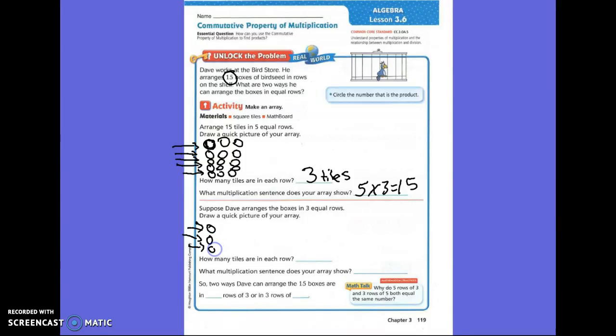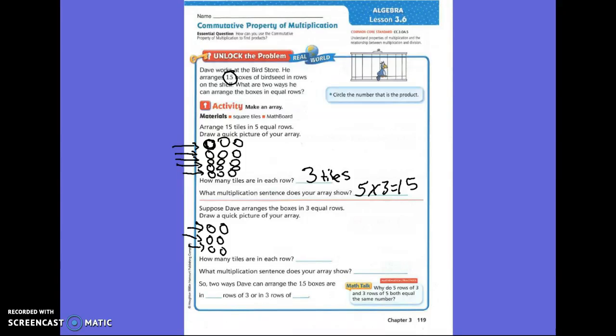1, 2, 3. Now we have to keep going, so we're going to have to put some more in the rows. 4, 5, 6. Keep going till you get to 15. Can't go down anymore. You only have 3 rows.